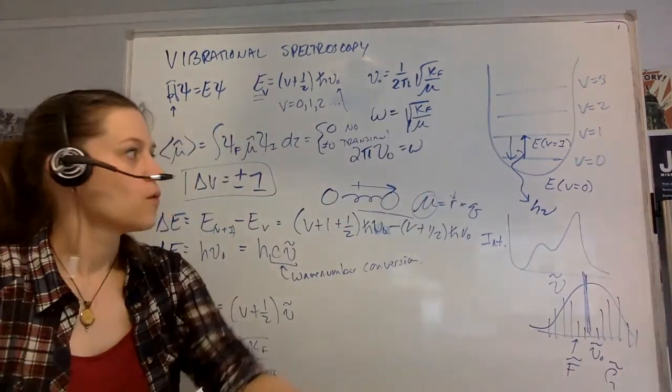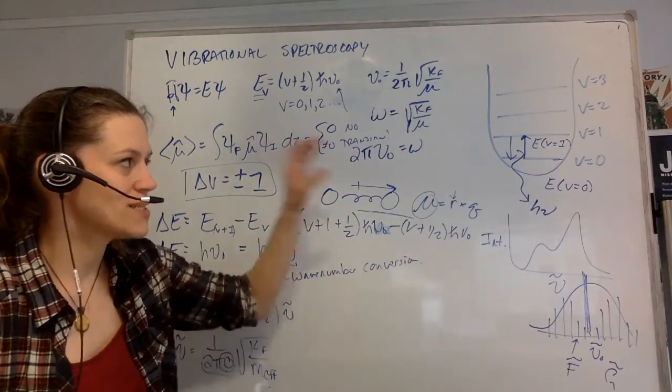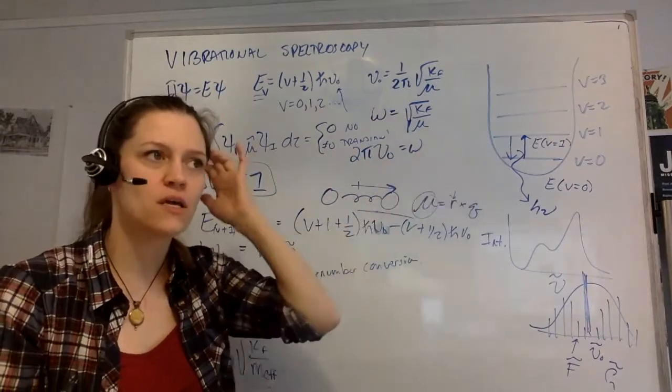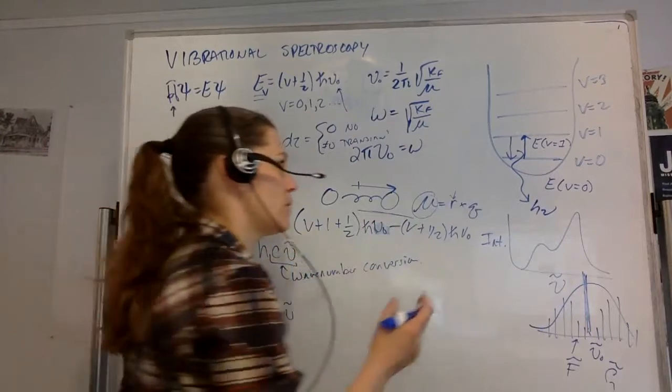Okay. One thing I want to make clear about the size or the difference between these vibrational states for the harmonic oscillator model is that they are all the same magnitude.